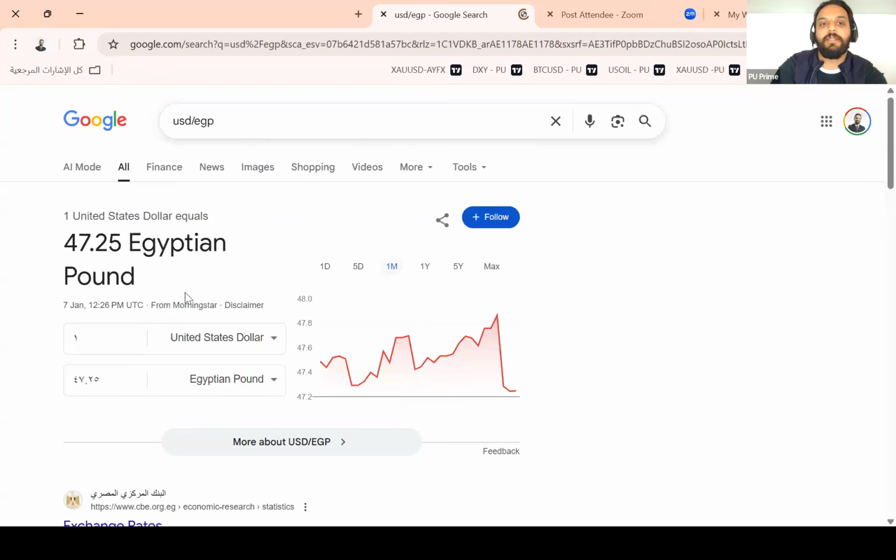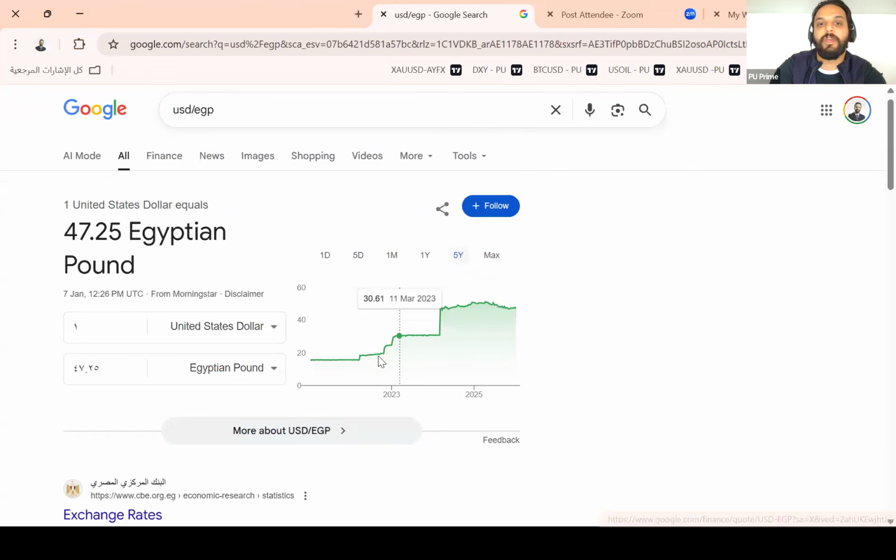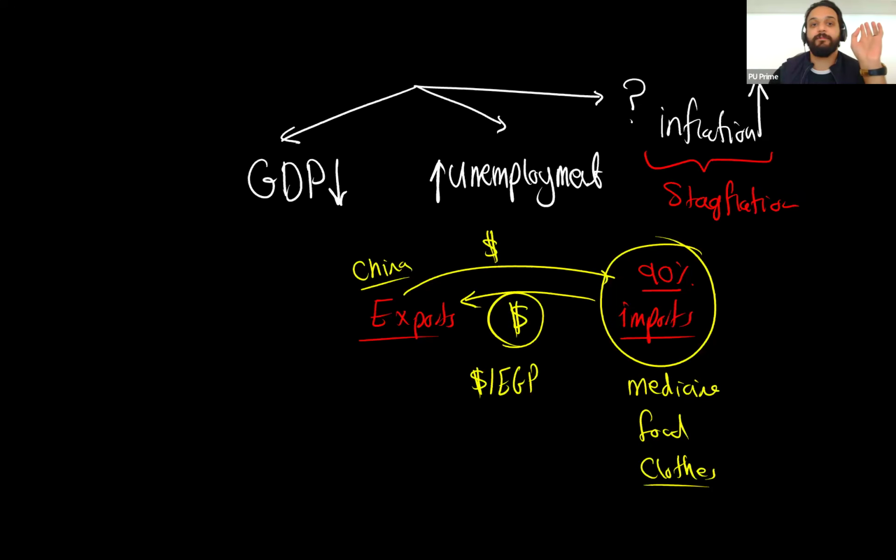Okay, so let's see, guys. If I bring up the 5 years, 5 years back, in 2021, $1 was equal to how much in Egyptian pounds? 15 Egyptian pounds, right? In 2024, $1 equals how much in Egyptian pounds? 30. So in 2021, now let's understand this example.